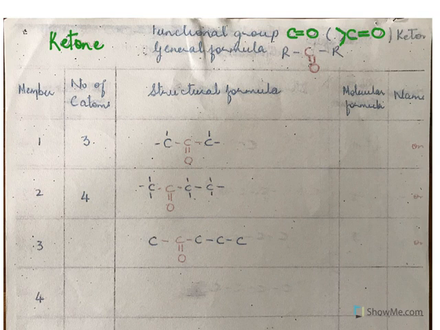Unlike the other groups, ketone has 2 arms available. So you have carbon here with a double bond, that is the ketonic group, and you have both these arms free. On either of these sides, we have a carbon that gets attached to it.